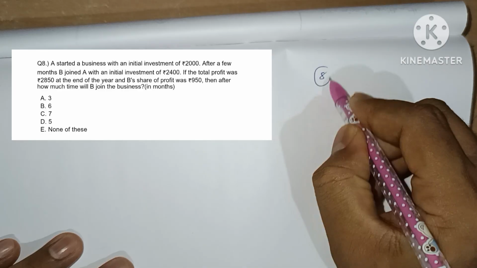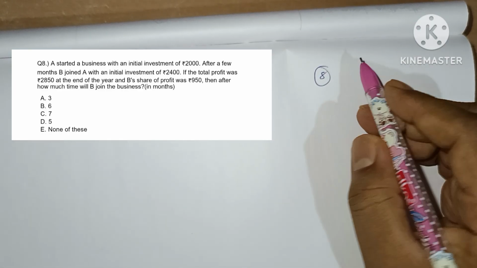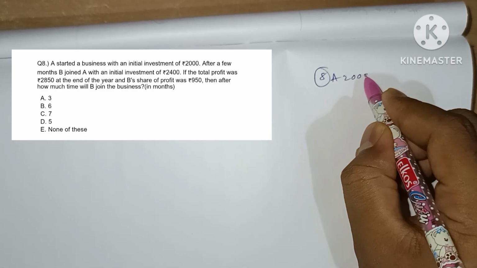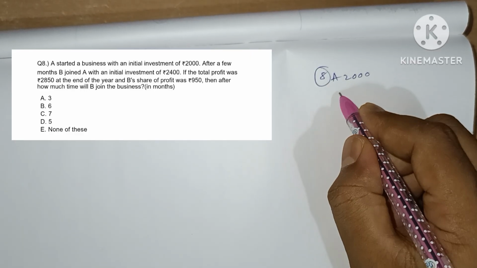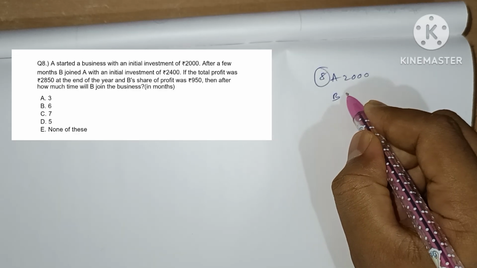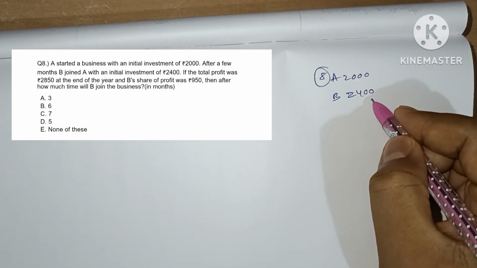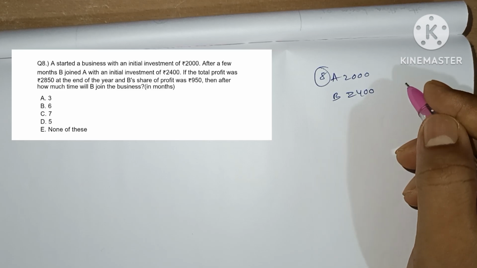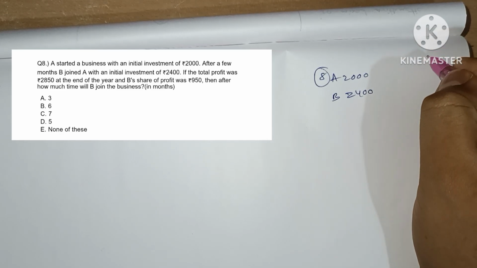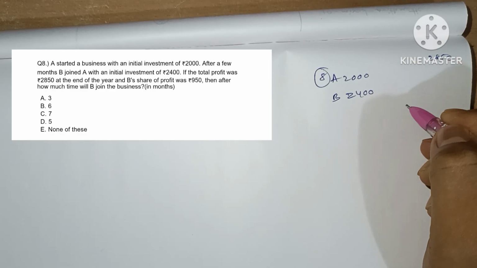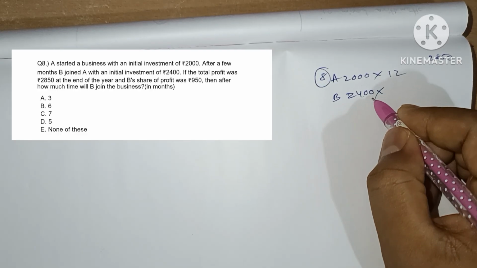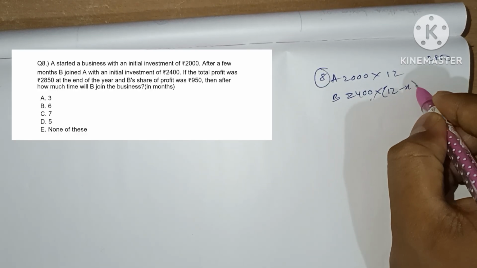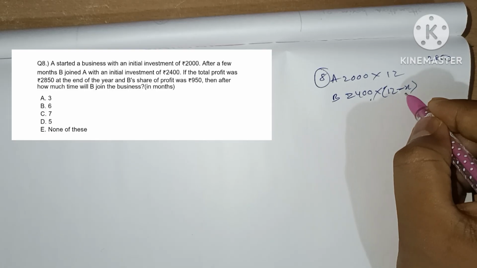A started a business with an initial investment of 2000, and after a few months B joined A with an investment of 2400. If the profit was 2850 at the end of a year, A completed all the 12 months, but B came after some months, so he works only some months.